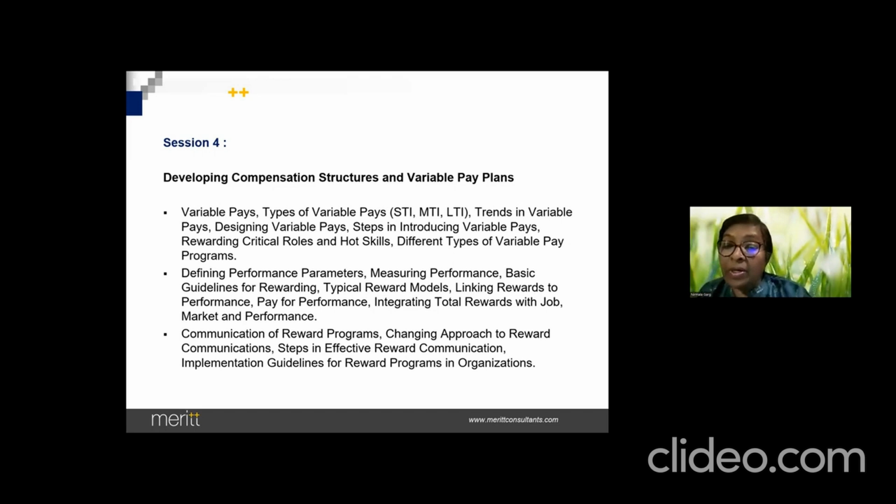We'll also talk about how you do budgeting. Then how do you design those performance parameters for your short-term incentives, long-term incentives, etc. So we're going to look at all of that. And in the end, we'll also give you some guidelines with regard to the reward programs.